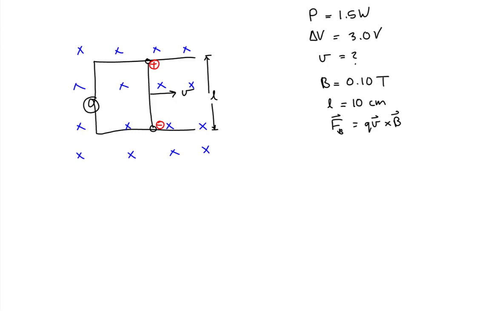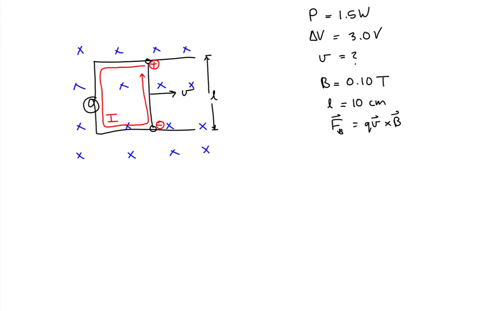And that creates an induced electric field along the length of this wire. And that induced electric field establishes a potential difference. And once that potential difference is established, these charges are then free to move around in the circuit as a current.